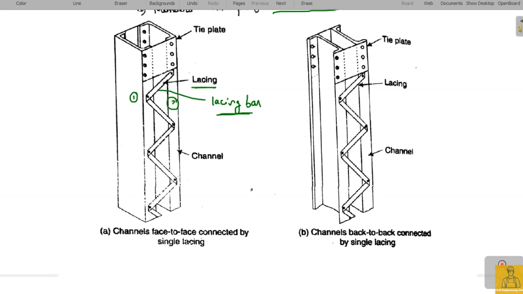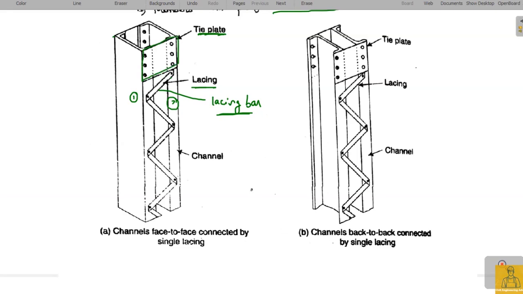And remember, when you go for this lacing system, the top end and the bottom end of the column should always be joined with a tie plate. A tie plate has to be bolted or welded at the two ends of the column, even though the lacing is used. And in some cases, in the batten connection, we go for only these tie plates.